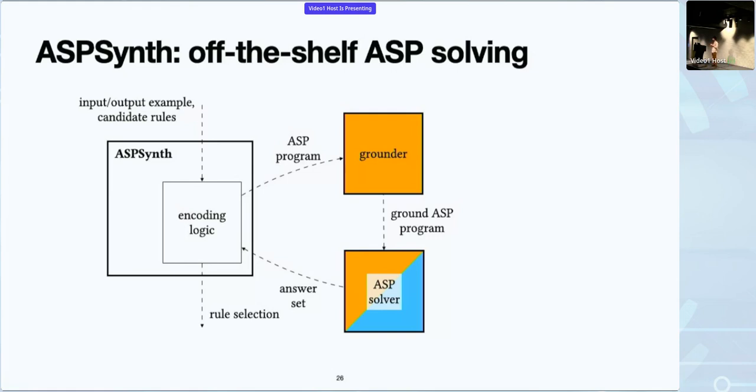We do also have results on a scalability experiment where we saw essentially our approach scaled pretty well if you just change either the size of the input-output example or the size of the candidate rule set. But if you made them both bigger, then our approach ended up being slower than some approaches where you actually just generate the rules instead of having a pre-selected set.